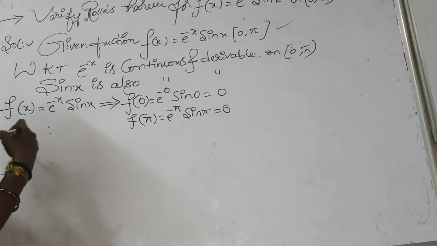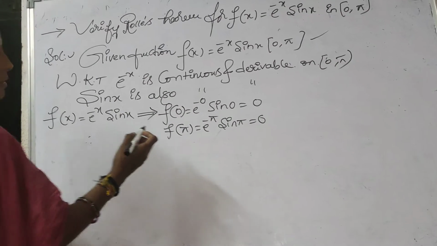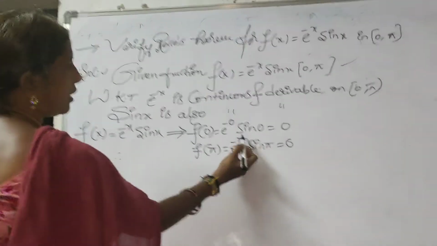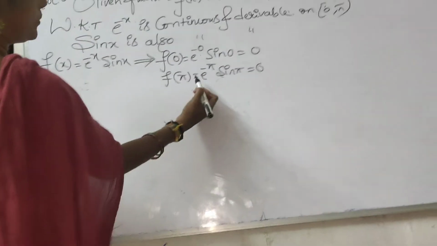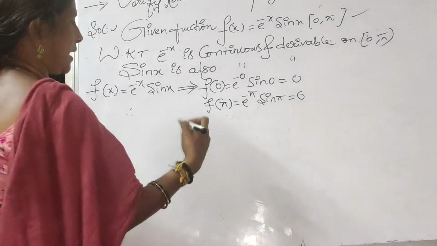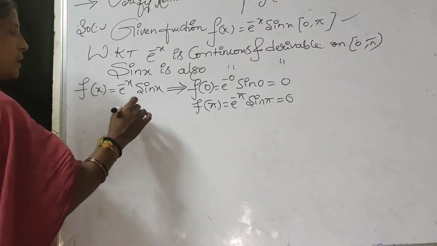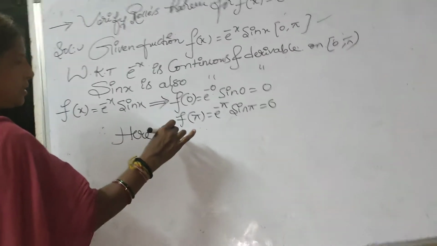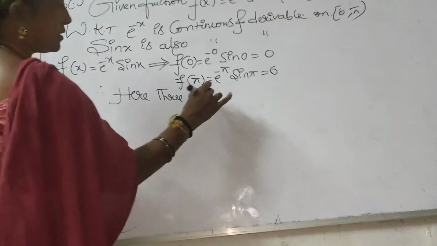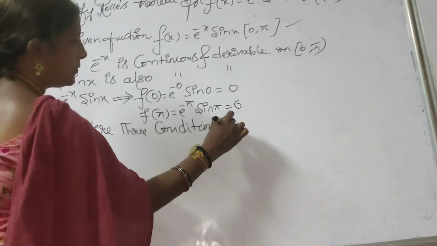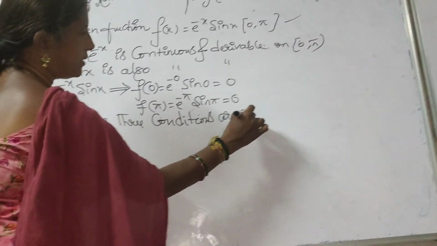Therefore f of 0 equals f of pi. Here three conditions are satisfied.